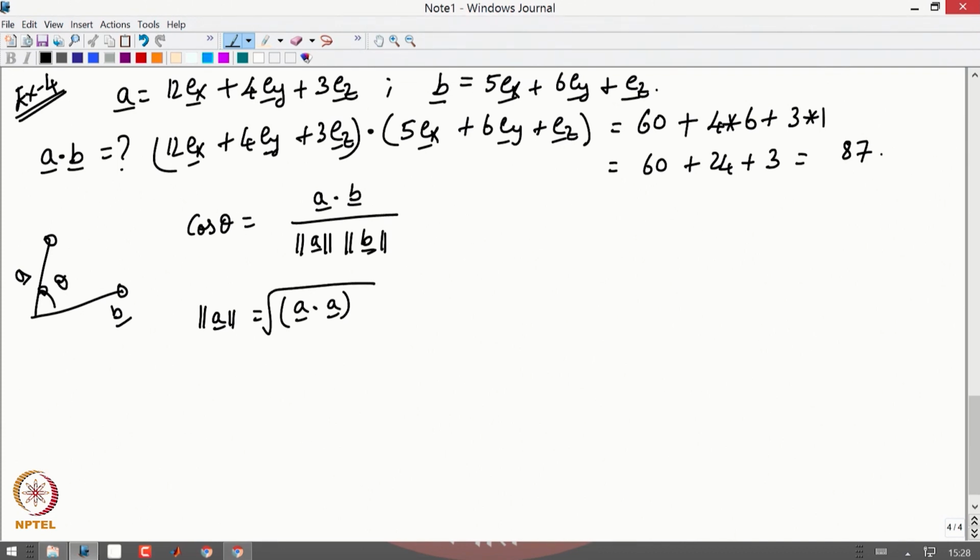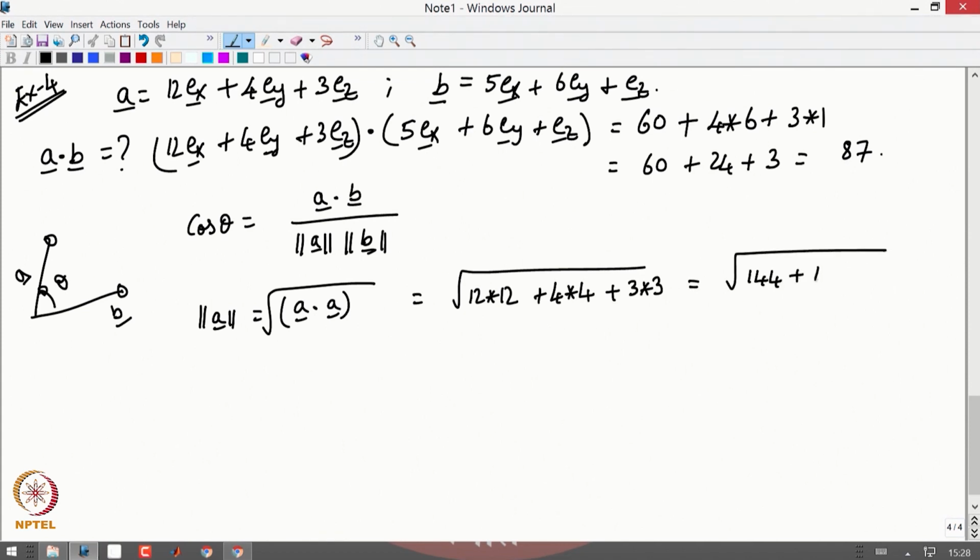From the same principle that we followed for A dotted with B, A dotted with A would be square root of 12 multiplied by 12 itself, because other components are going to be 0, plus 4 multiplied by 4 itself, plus 3 multiplied by 3 itself. So, this will be root of 144 plus 16 plus 9, which will be root of 169, that is nothing but 13.